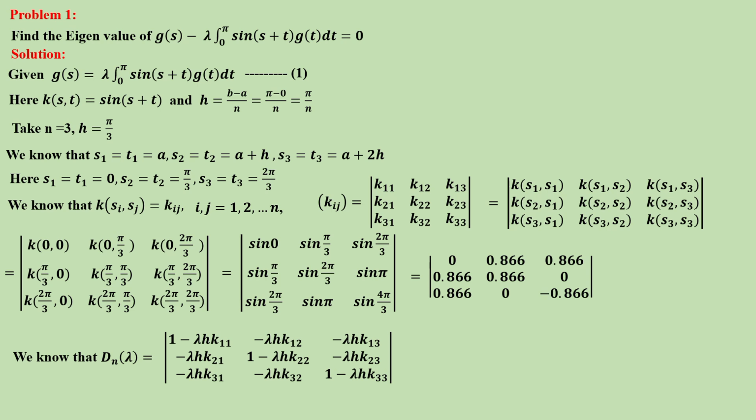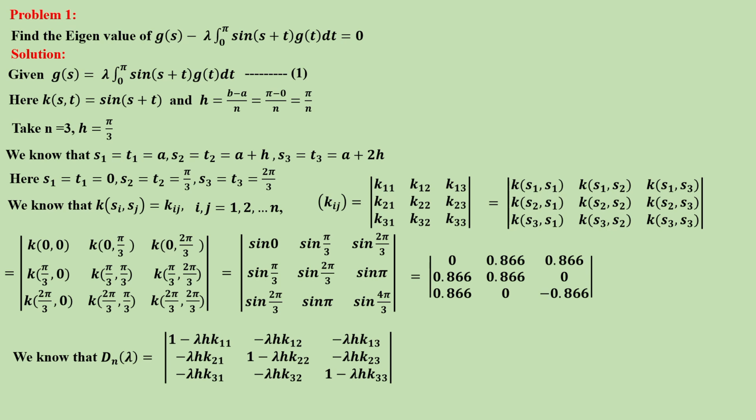Next we take the formula from the theorem: D_n(lambda) is the determinant with rows 1 minus lambda h k11, minus lambda h k12, minus lambda h k13; minus lambda h k21, 1 minus lambda h k22, minus lambda h k23; minus lambda h k31, minus lambda h k32, 1 minus lambda h k33. We know h is pi by 3, and the k values are already in the determinant above; k11 is 0.